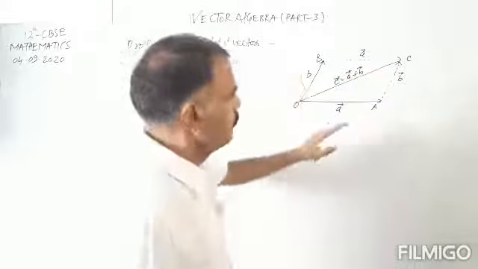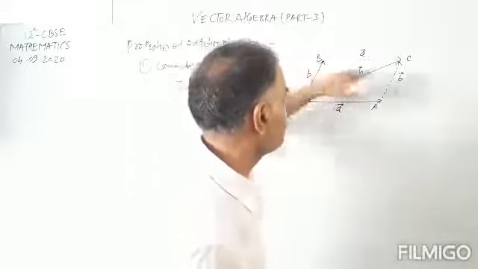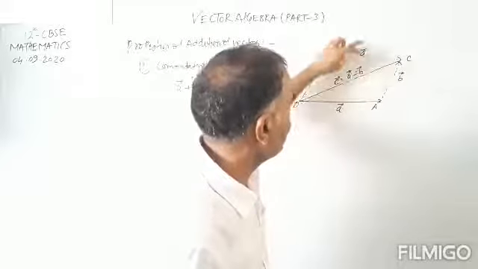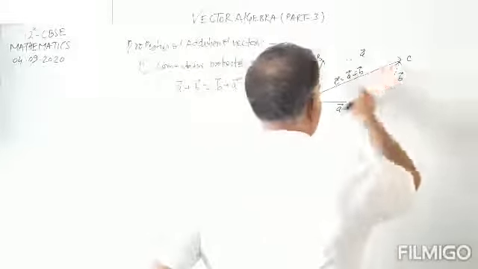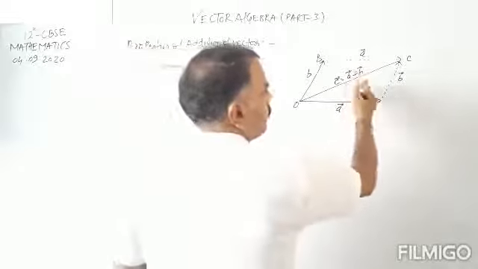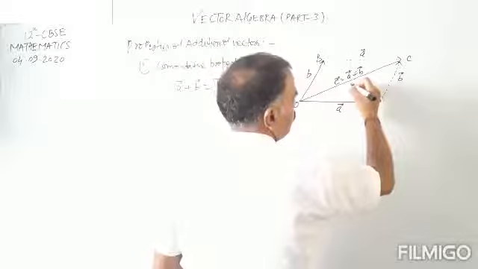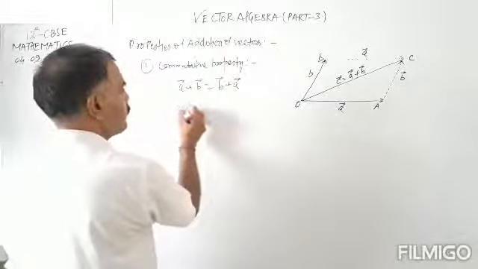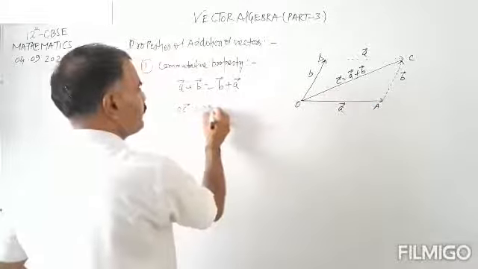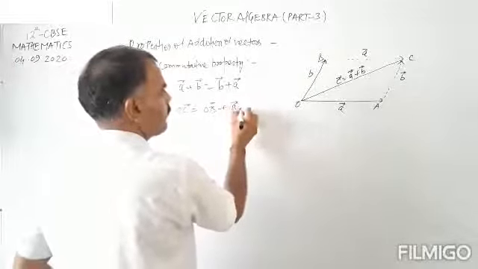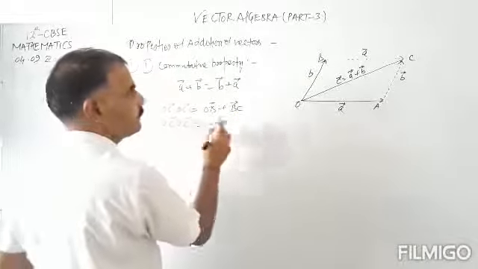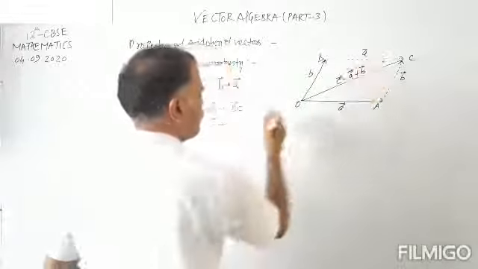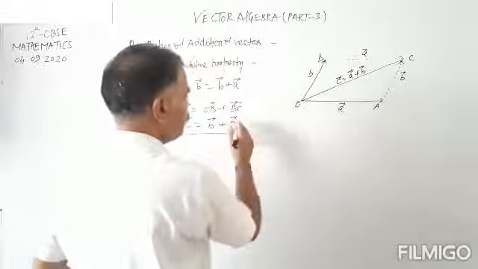Now we will find this OC vector again using B vector and A vector. OC vector is equal to OB vector plus BC vector. OB vector is B vector, plus BC vector, that is A vector. So OC vector is equal to B vector plus A vector.